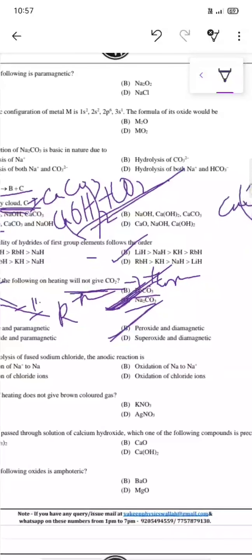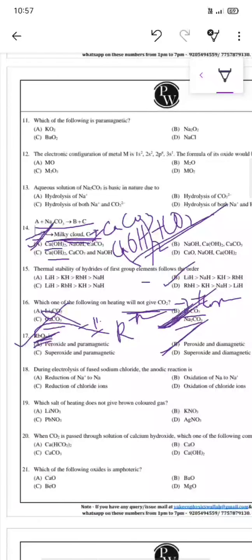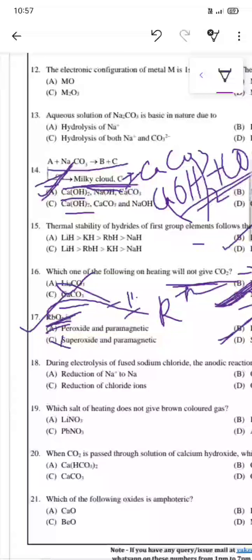17B. No, 17C. Why the C? There is given C. 17C answer. Oh, sorry.